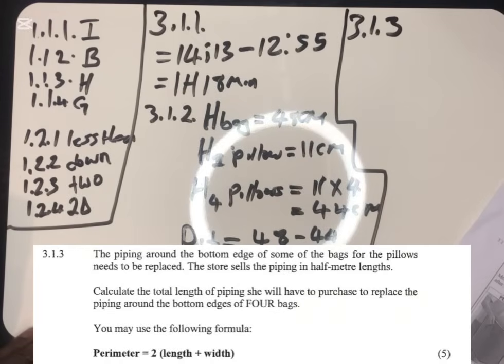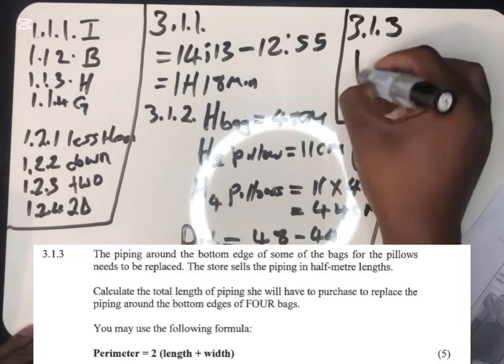The stores sell the piping in half meter lengths. Calculate the total length of piping she will have to purchase to replace the piping around the bottom edge of 4 bags. You may use the perimeter.